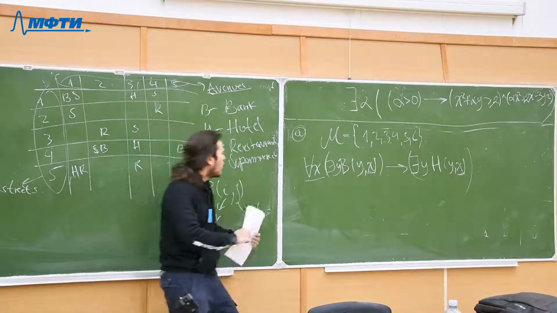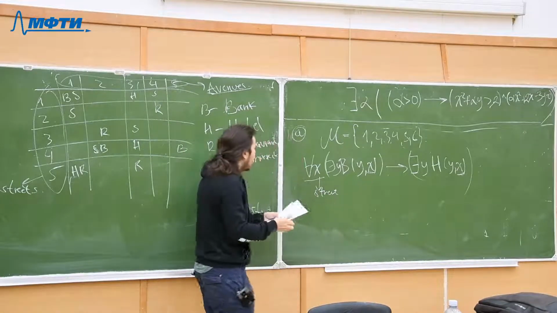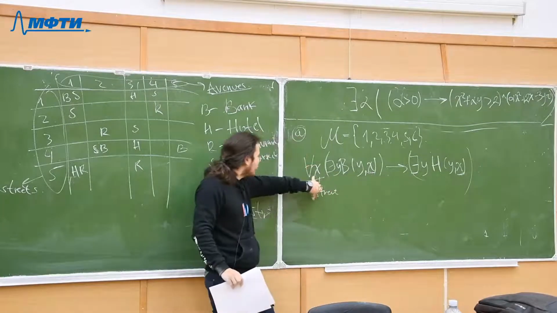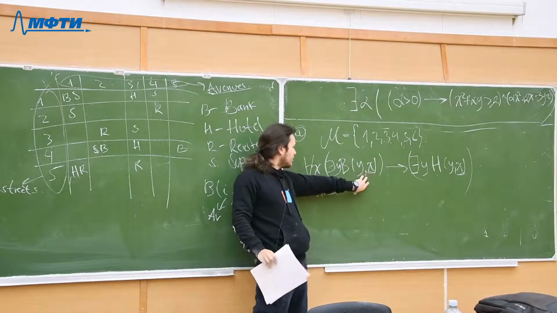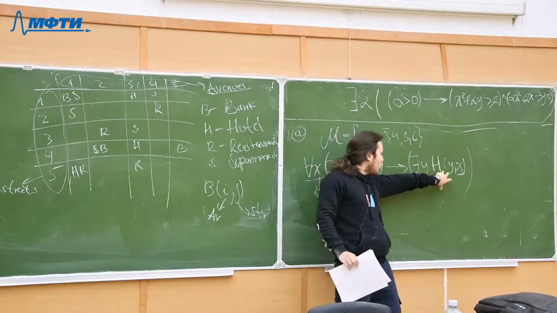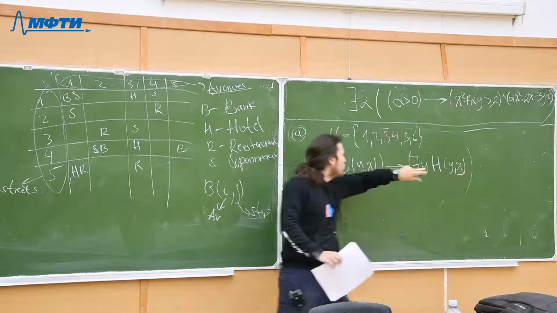Okay, so we have here street. So we have a bank in some streets. Yeah? So for all the streets in which there are banks, there is some avenue in which there is a hotel in the streets in which we have banks.